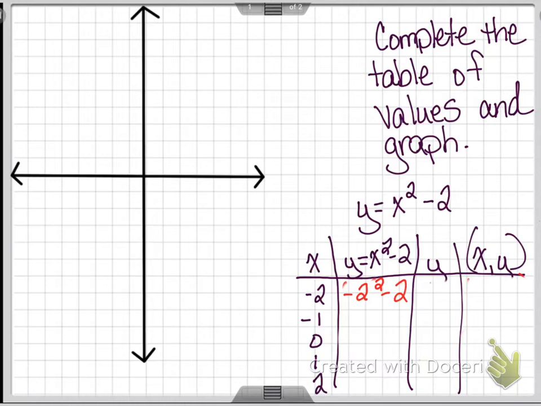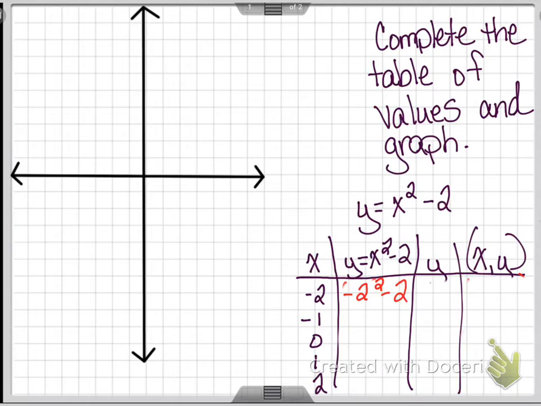Now, because we can use calculators in this class, this right here is dangerous. If you typed -2 squared into your calculator exactly the way that I have it written, does anyone know what your calculator would tell you?